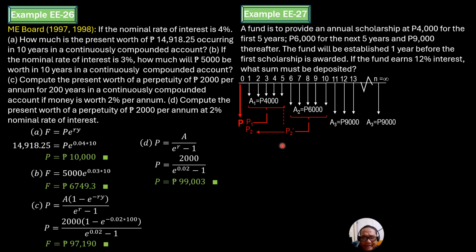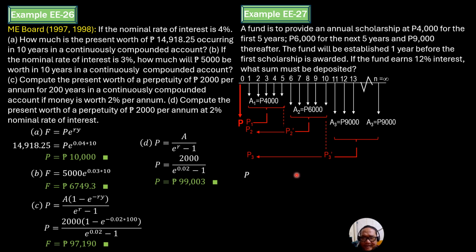We'll call that P2, the present worth. Then for this third case, we have to compute the present worth at 10, which is just A over i, because this is perpetuity. I'll call that P3 prime, and that P3 prime will be projected to the present, and we'll call that P3.